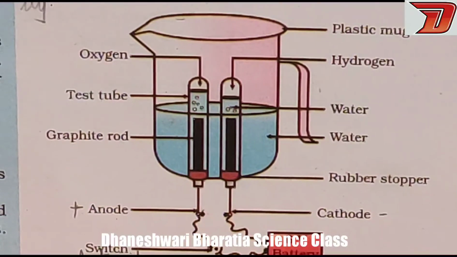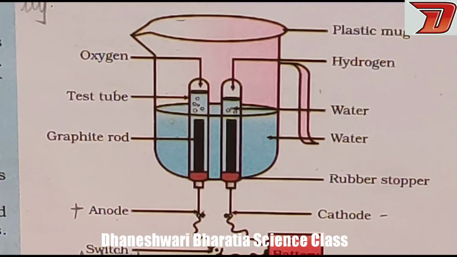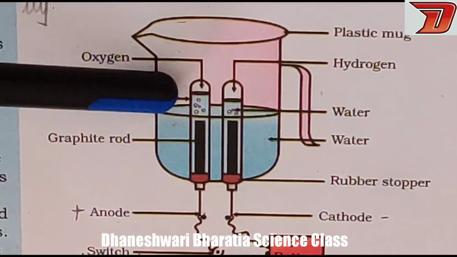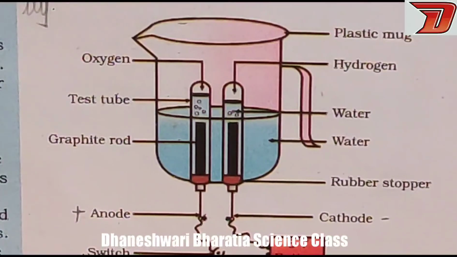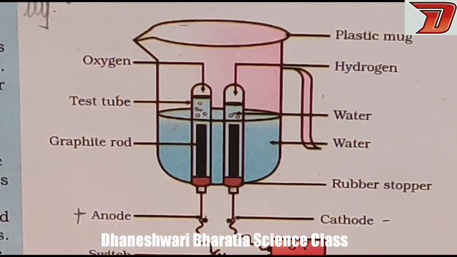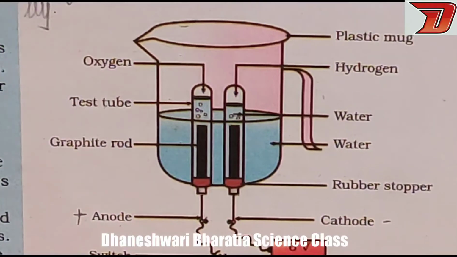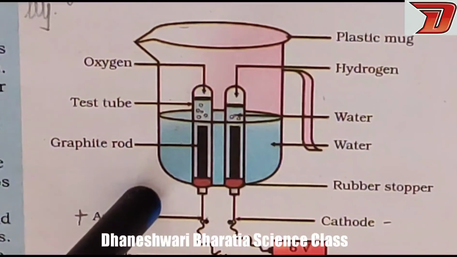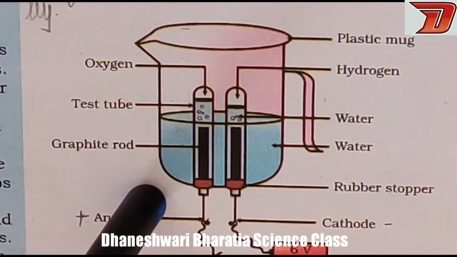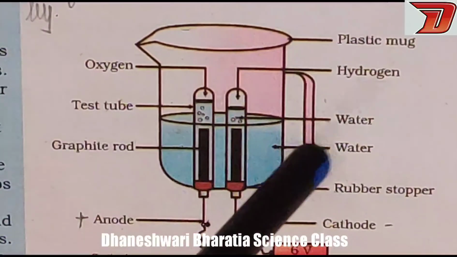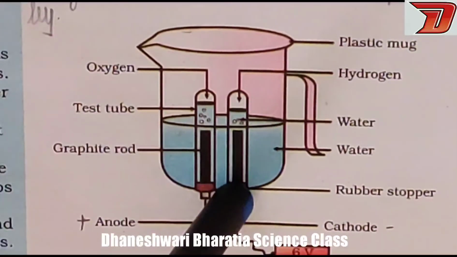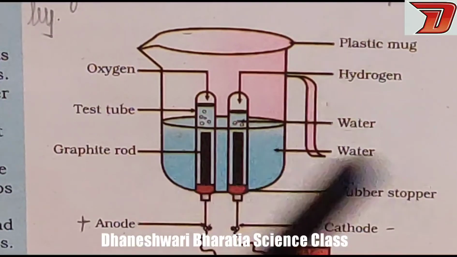Here one thing is very important, children: how can we verify that the particular gas which is released in this test tube is oxygen only and this test tube is hydrogen only? So here one confirmation test is there: when we bring the lit matchstick near to these holes, if that matchstick goes off with a popping sound, then it will give the confirmation that in this test tube, that is on cathode, the released gas is that of hydrogen.